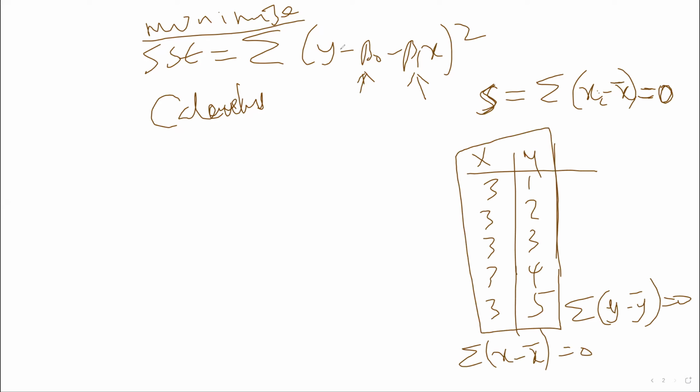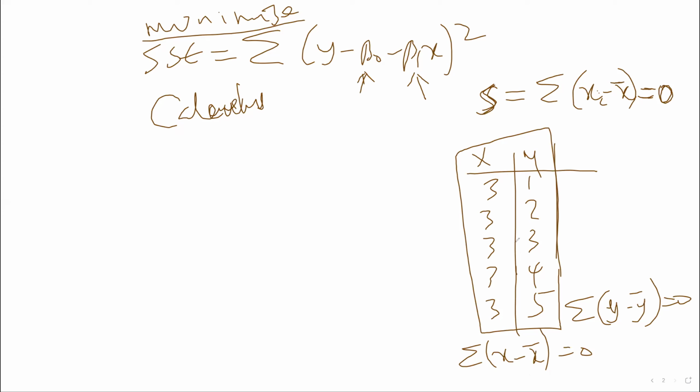No. You can try this at home, okay? So there's an ambiguity: when your deviations are equal to 0, you wouldn't know whether the values are the same or they are not the same.